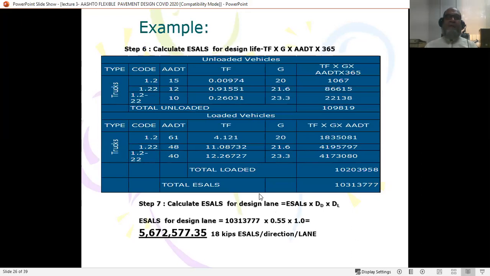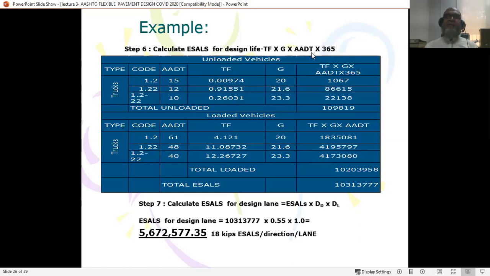Now, what we do in this step, we will get ESALs in empty condition and we will get ESALs in loaded condition. So we multiply 15, this is the truck factor, that is 0.007974, into G, that is 20, and then 15, and multiply by 365.